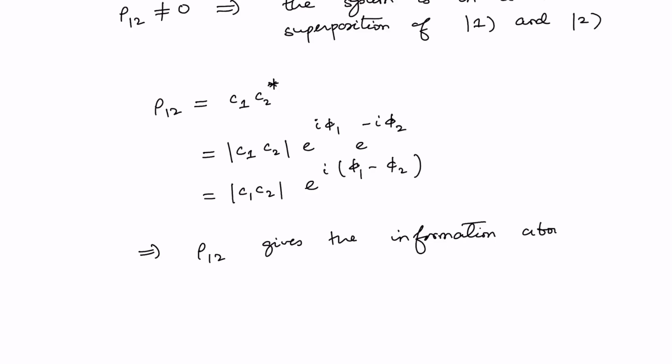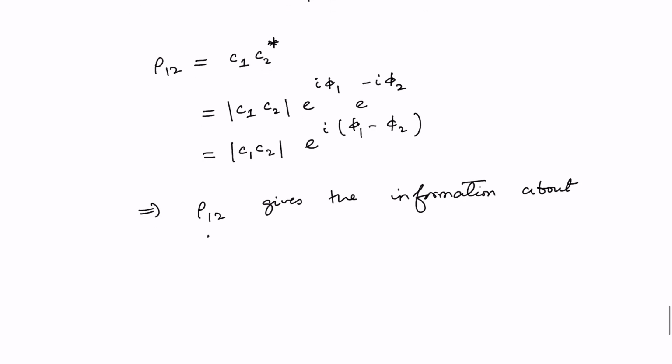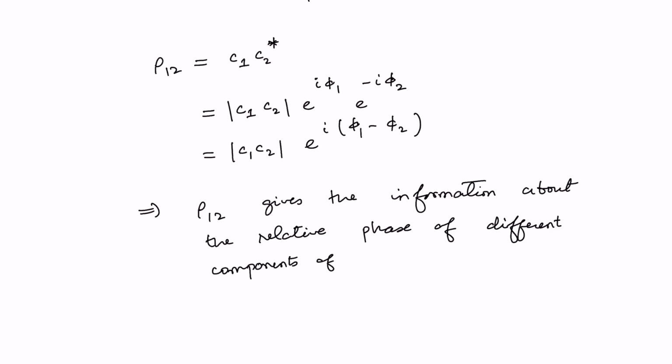And what it implies is that rho 12 gives the information about the relative phase of different components of the superposition. So it basically gives the relative phase between state 1 and state 2 in this case.